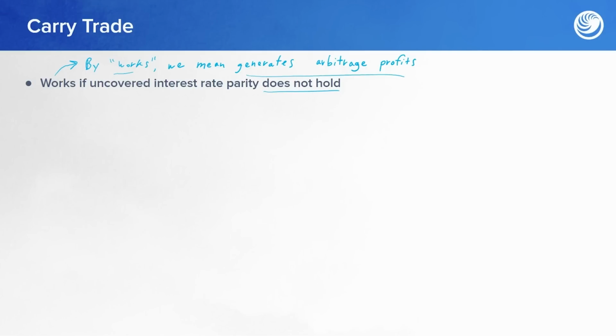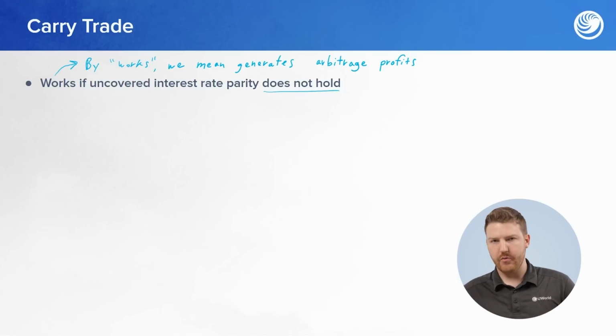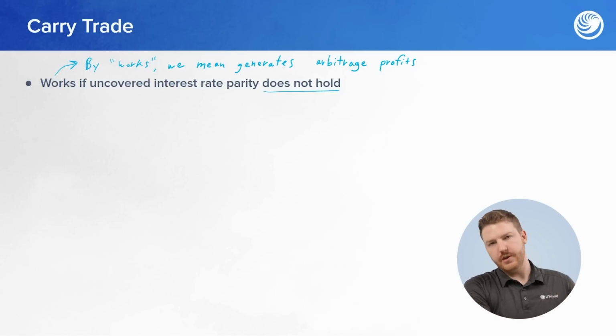Now, what is the strategy? If you think back to what the uncovered interest rate parity says, which we'll refresh on the next slide just in case you've forgotten, it's basically saying that once you account for the differences in forward rates and spot rates and interest rates, there should be no way to just move money into a higher interest rate currency, achieve that higher interest rate, and then move it back into your previous currency.